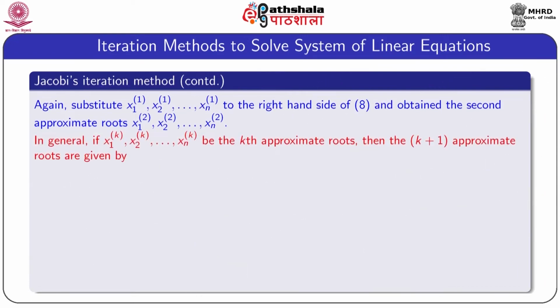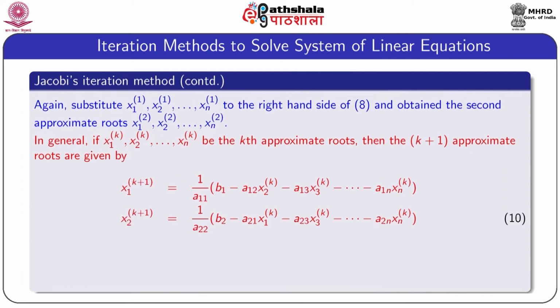In general, if x1^k, x2^k, ..., xn^k are the kth approximate roots, then the k plus 1 approximate roots are given by the following system of equations. The first equation is x1^(k+1) equal to 1 by a11 into b1 minus a12 x2^k minus a13 x3^k minus ... minus a1n xn^k.